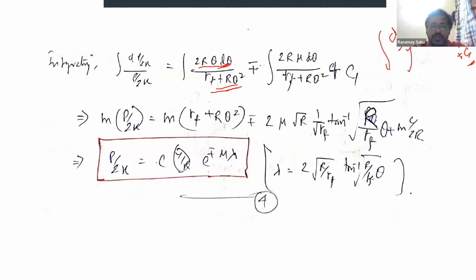So you assume Tf plus r theta squared as y. Then Tf is constant, so the differential of that becomes 0, plus r is constant, and the differential of theta squared is 2 theta, right? That becomes equal to dy, isn't it?